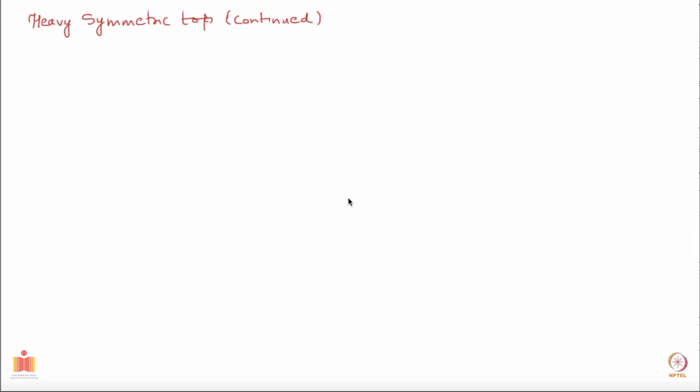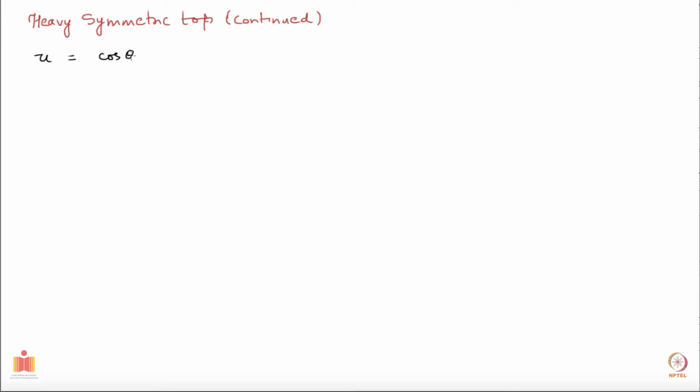We were talking about a heavy symmetric top last time, and this top was supposed to be having a fixed point, which is its lowest point as well. And last time we defined a variable u, which was cos of theta, where theta gives you the inclination of the axis of the top with respect to the vertical direction.